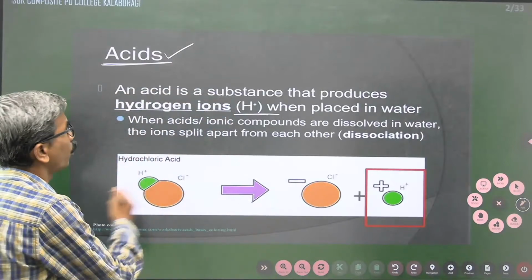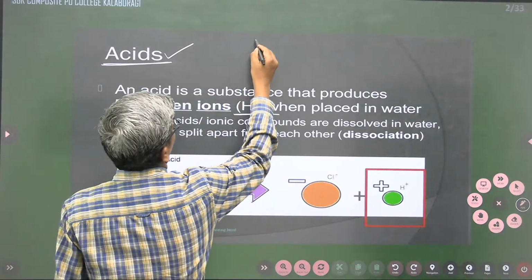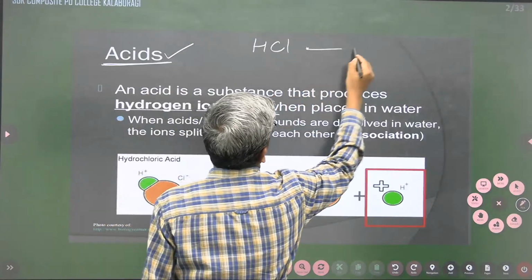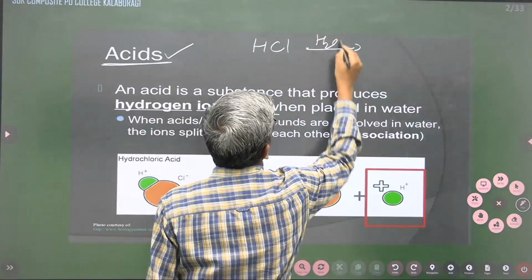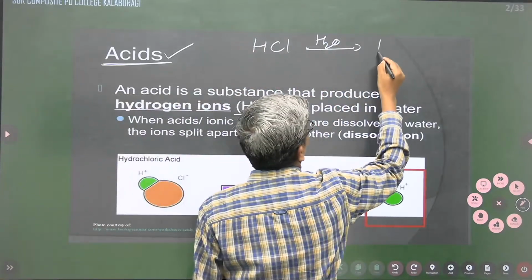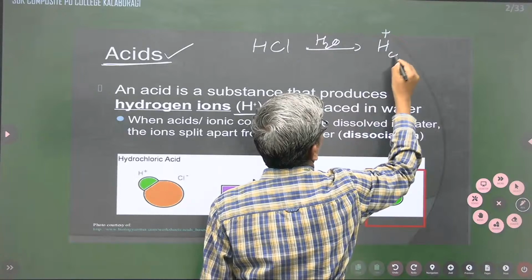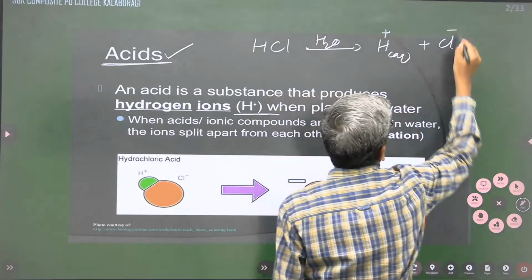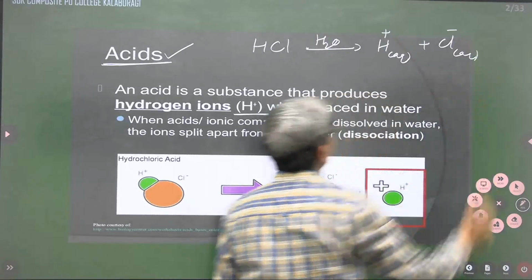Here is the same hydrochloric acid. Suppose I add this hydrochloric acid into water, that is, dissolve it in water, then this HCl will dissociate in aqueous solution into H plus and Cl minus.